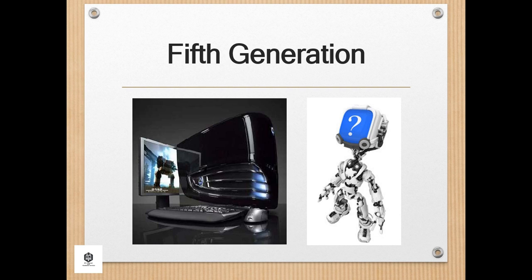The main features of fifth generation are ULSI technology, development of true artificial intelligence, development of natural language processing, advancement in parallel processing, advancement in superconductor technology, more user-friendly interfaces with multimedia features, and availability of very powerful and compact computers at cheaper rates.